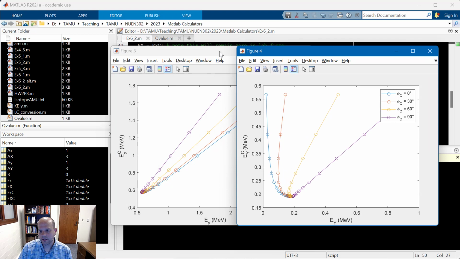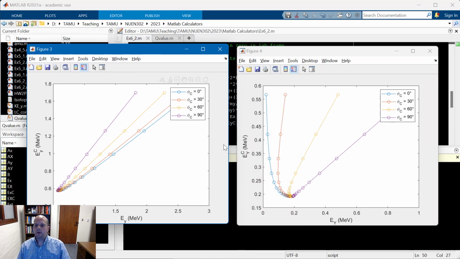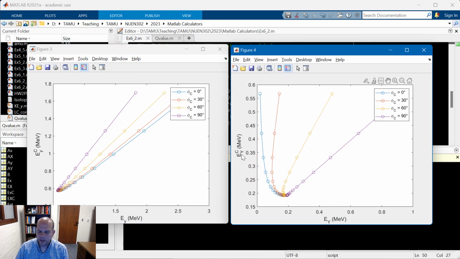It's interesting to look at these two side by side, actually. So we'll start with figure 4 here, which is with my heavy product. And as I look at my emission angle, I start at 0 degrees and I go to 30, then to 60, then to 90. It's maybe hard to see here, but if I insert a line from 0.2 value up to 0.6 and then 0.6, so that is a line of constant slope, and that slope is equal to 1.